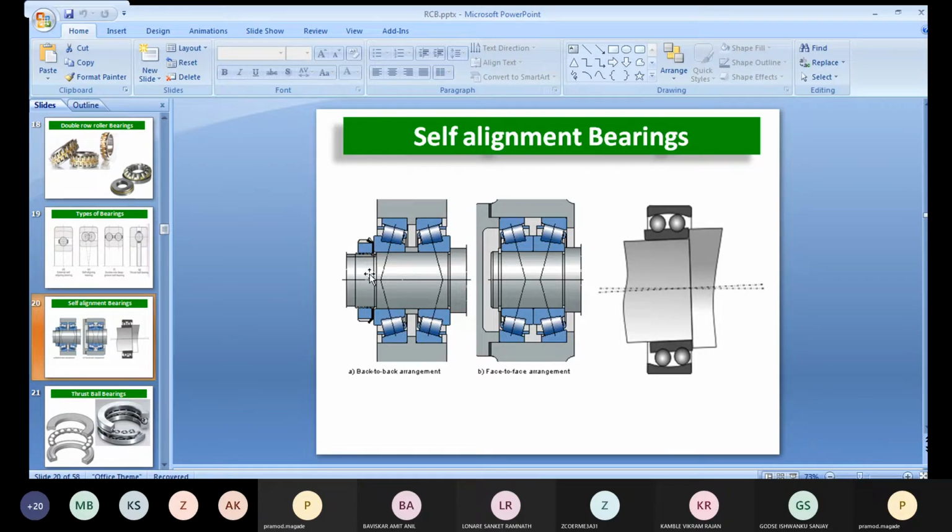So what will happen is, as per the rotation or the displacement of the shaft, the bearing can adjust itself for taking a load. It is not like it will fail. It will adjust as per the load condition. Suppose many times in the case of a gas turbine, the shafts get vibrated.